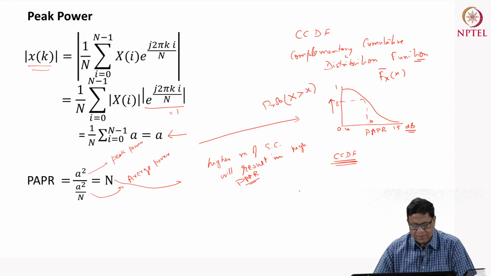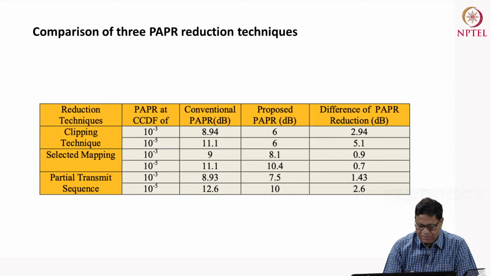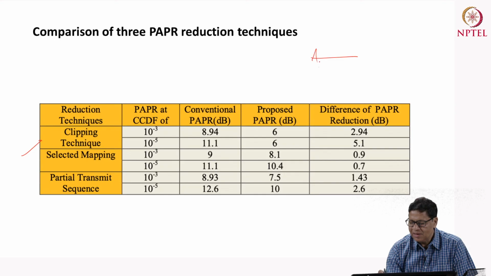So this was about PAPR, and there are a lot of techniques which have been explored for the reduction of PAPR. We will not go into the details of these techniques, but some of them, like the clipping technique: you clip the signals, because if you see the OFDM signal, it is noise-like, so you can clip the signal at both the ends or at one end.